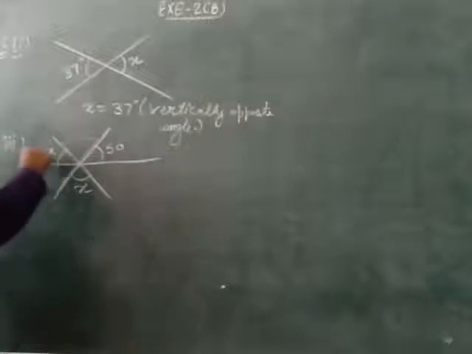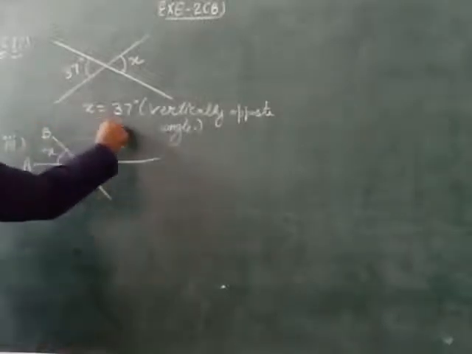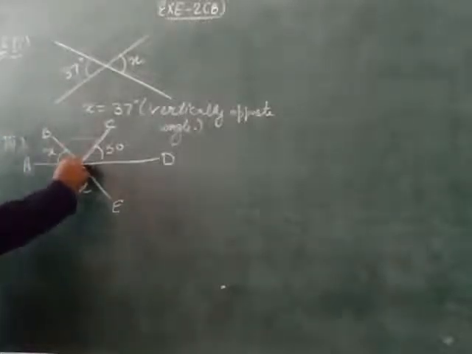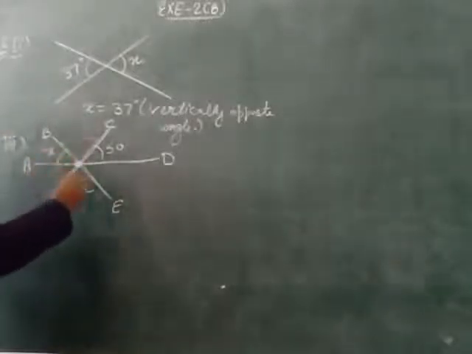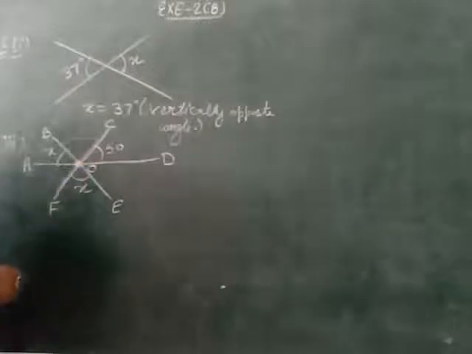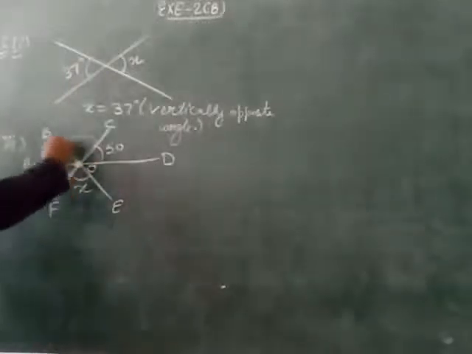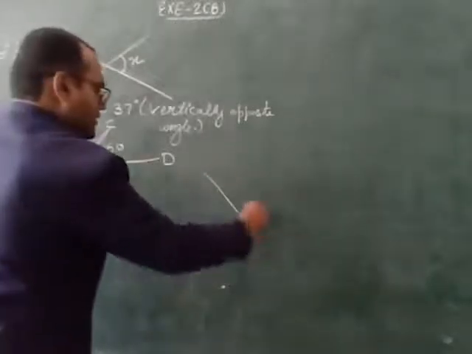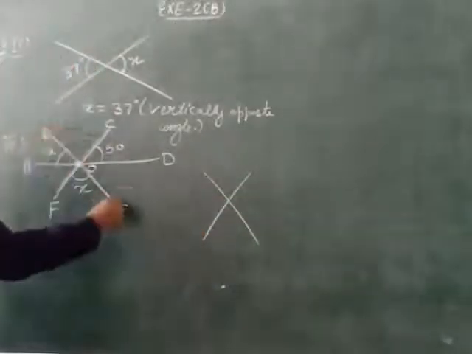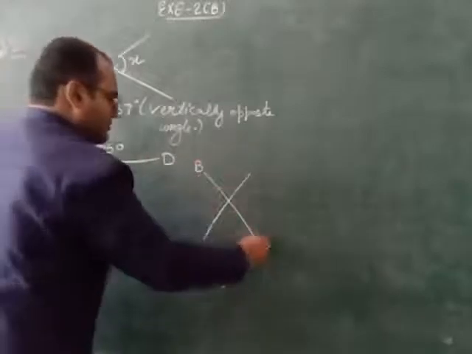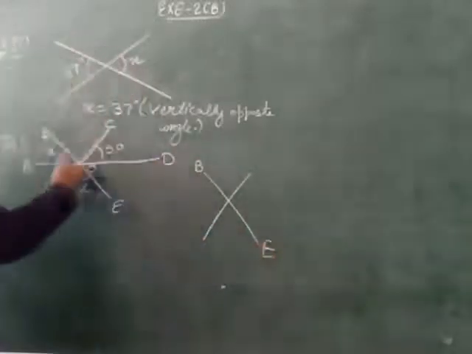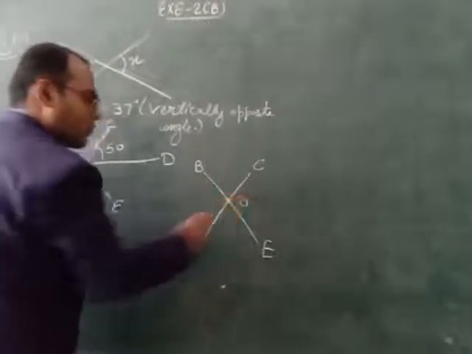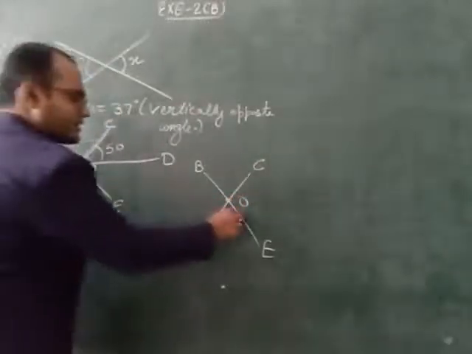First of all we have to write the names A, B, C, D, E, F. And this point where all the lines are intersecting, let's say this point is O. Now these two lines are intersecting. The line name is BE, and another line is CF. These two lines are intersecting at point O, and on the downside it is given x.